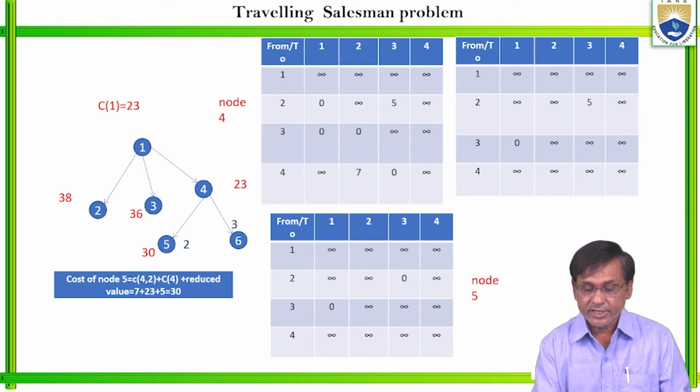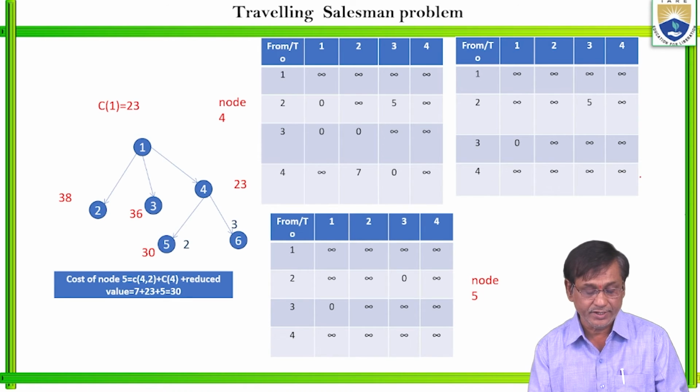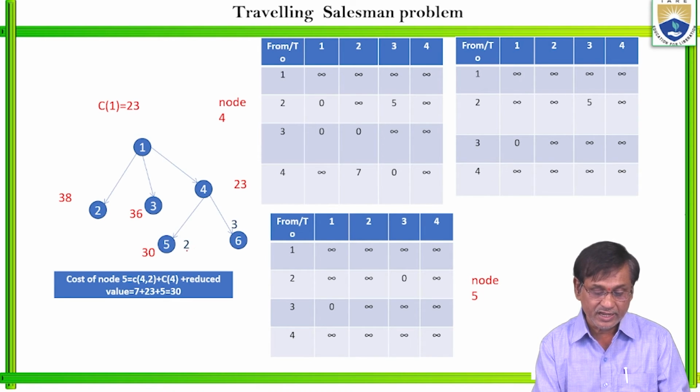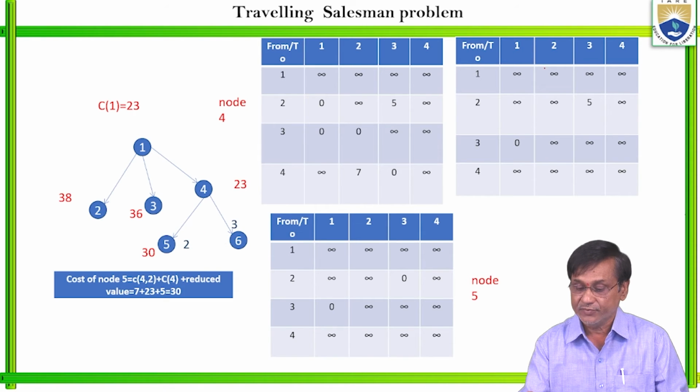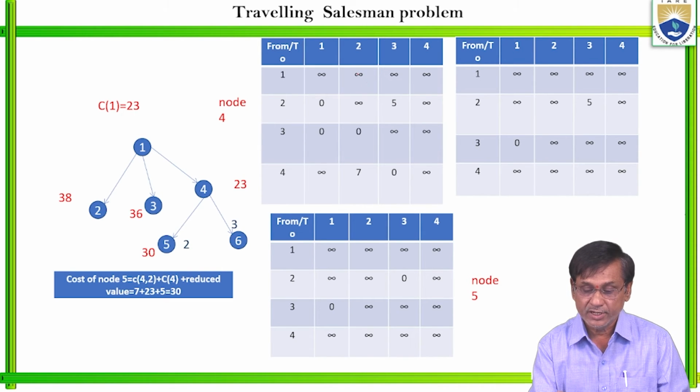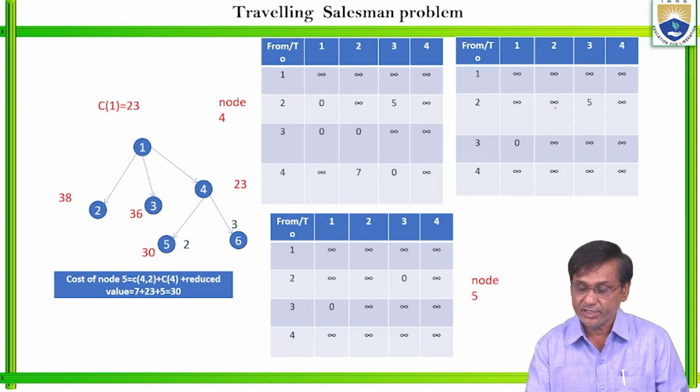After taking this, we have to modify it. How to modify for 4 to 5? That means we have to change all the elements in the 4th row to infinity, and also all the elements in the second column to infinity. In the second column, 0 and 7 are there, so we have to make them infinity.